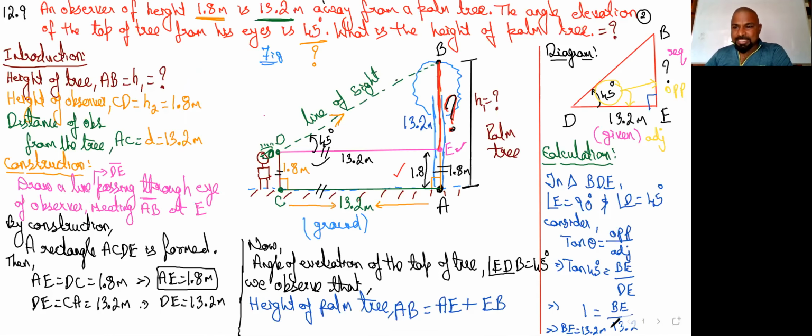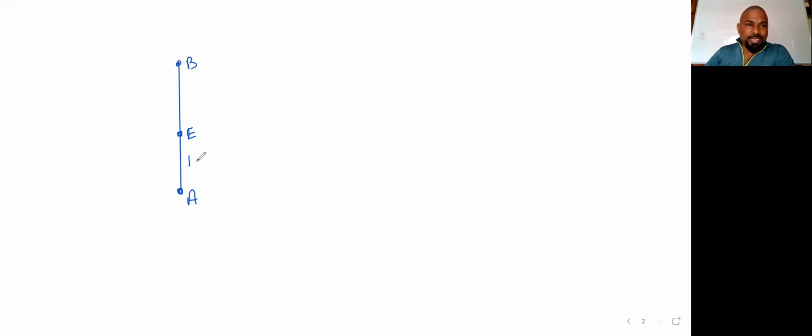This is A and this is B. The value already known is 1.8, and freshly we got this as 13.2 meters.